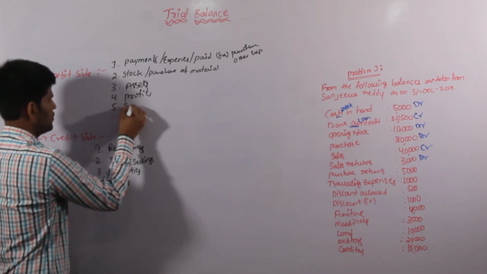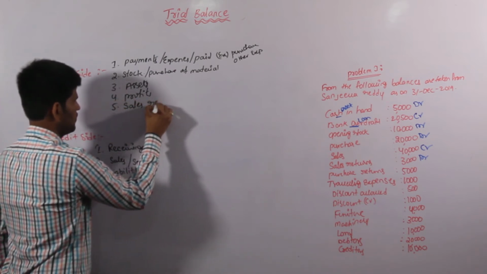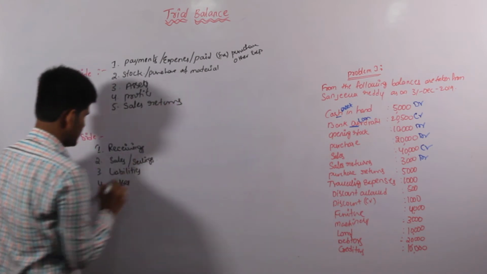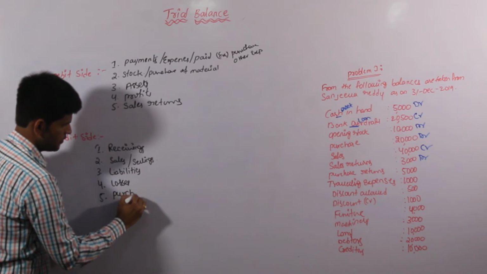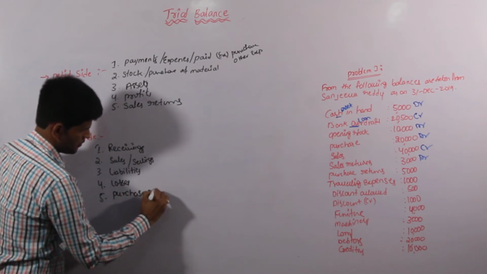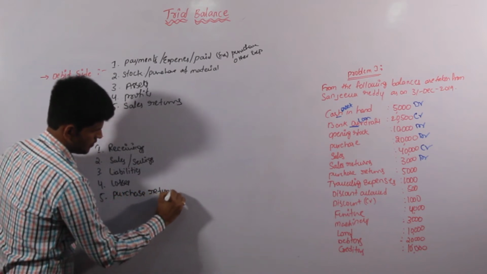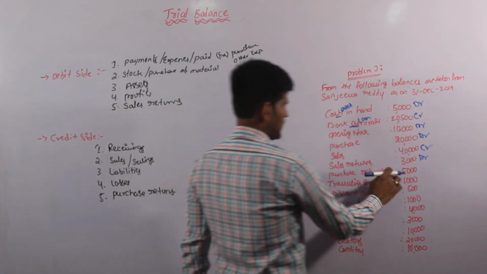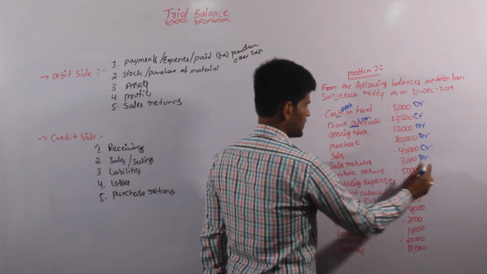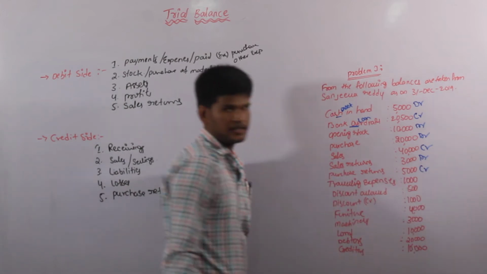On the debit side we have to write sales returns. In the fifth condition, credit side, purchase returns. These are the conditions. So, sales returns, debit side; purchase returns, credit side.